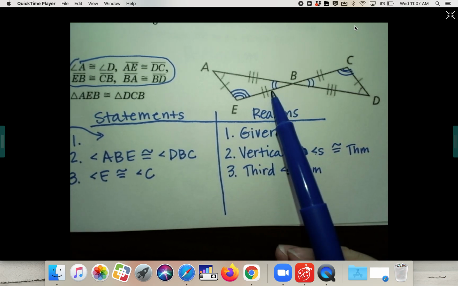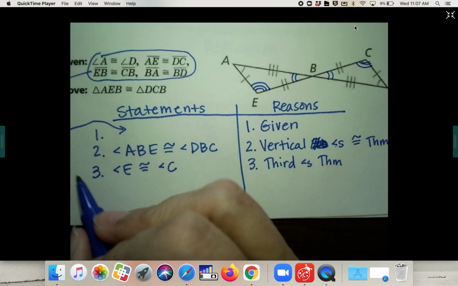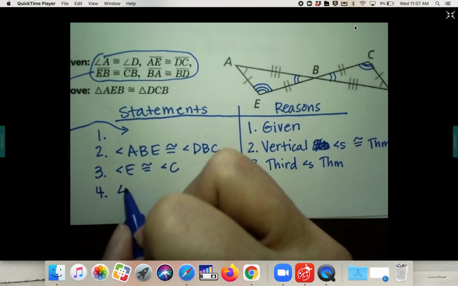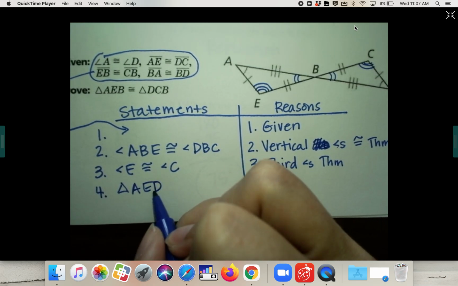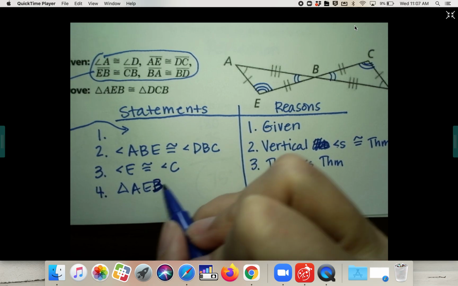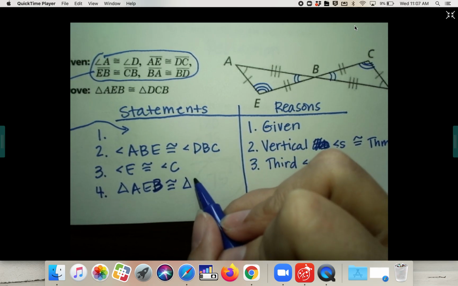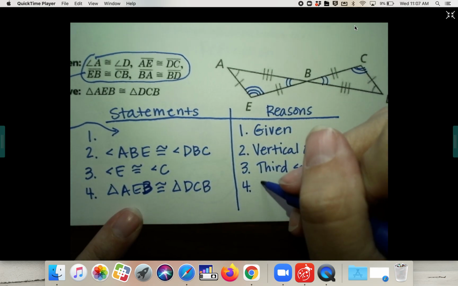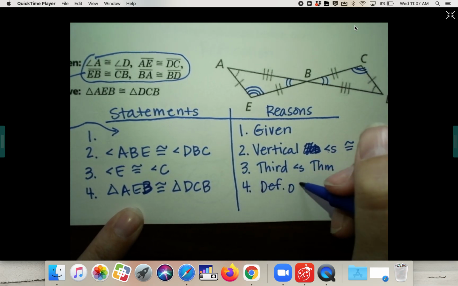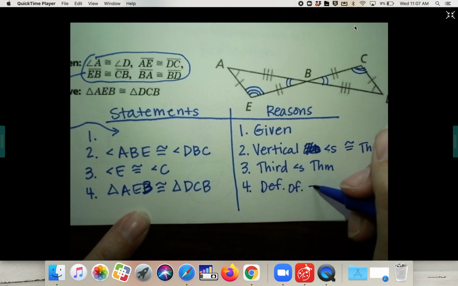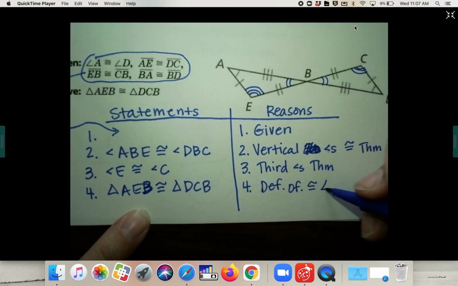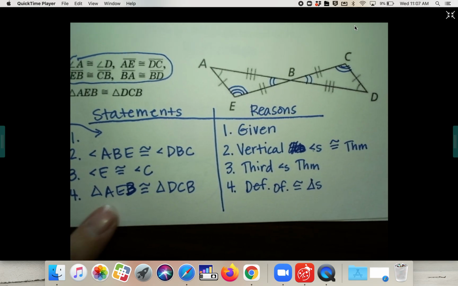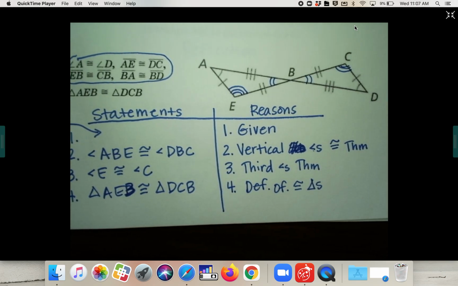And now we have all angles and all sides, so therefore we're done. We have now proven that triangle AEB is congruent to triangle DCB by definition of congruent triangles, because all the parts of angles and sides are congruent. I'm struggling today, sorry.